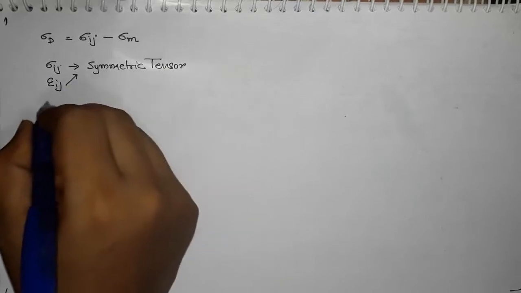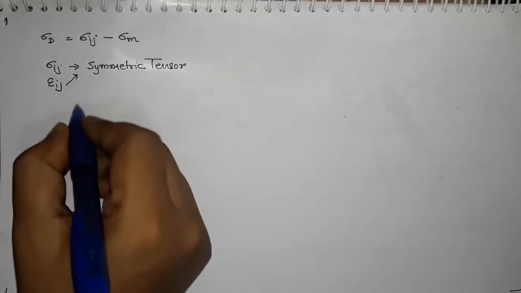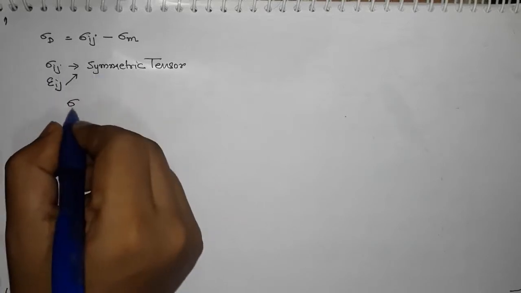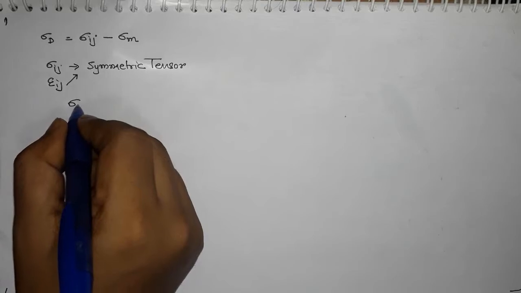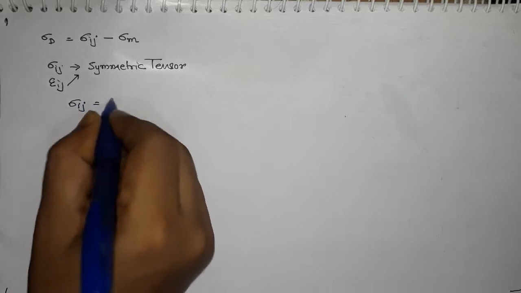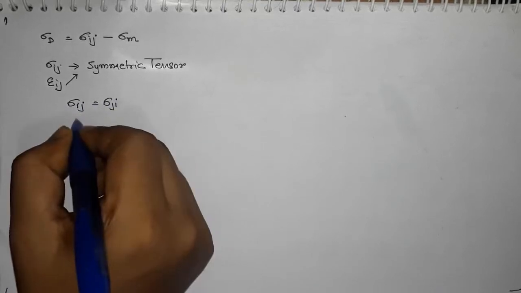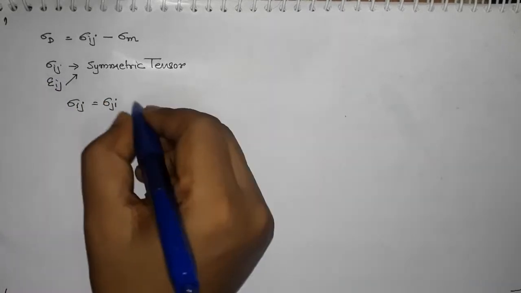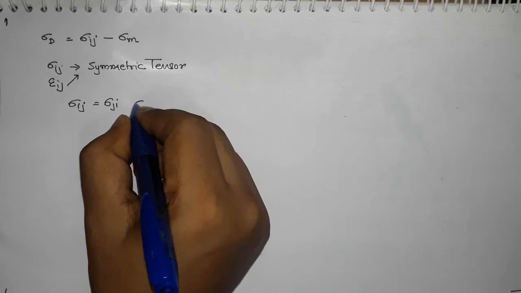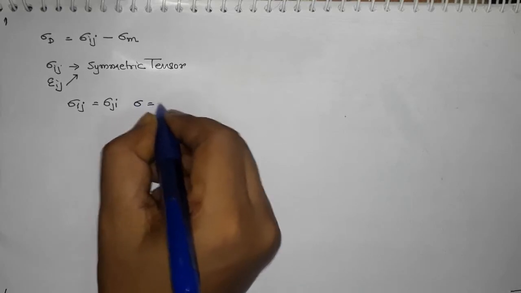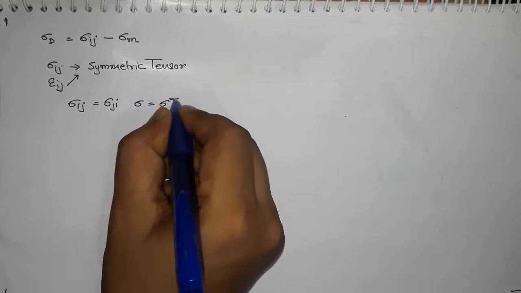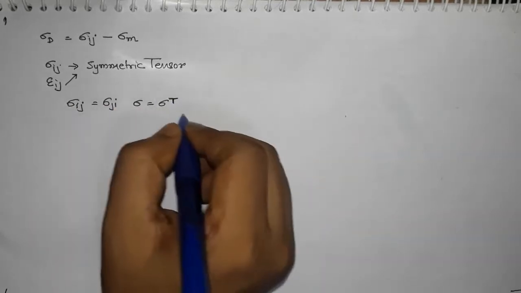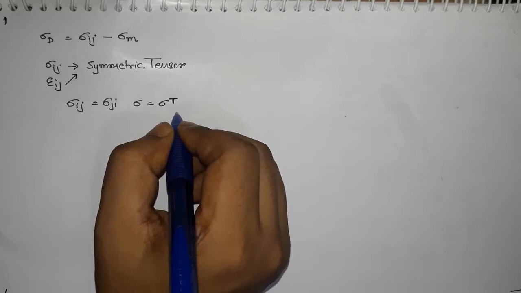So what we mean by symmetric tensor is that the transpose will be equal to the original tensor. So sigma ij will be equal to sigma ji, and so it is with epsilon, right? So in matrix notation it will be sigma is equal to sigma transpose. So this is what we mean by symmetric tensor, right?